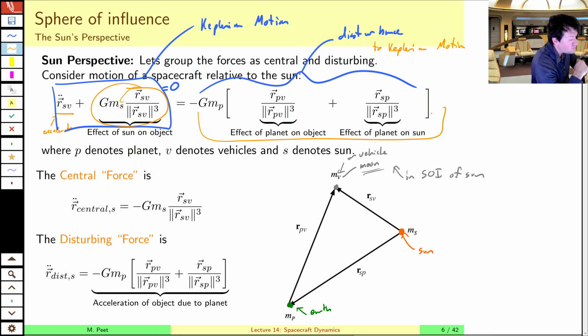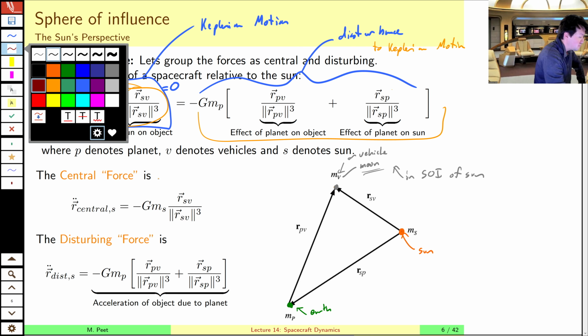What we want to do is figure out how much these terms affect this, how much not like a conic this is going to make it look. So let's look at the conical motion.